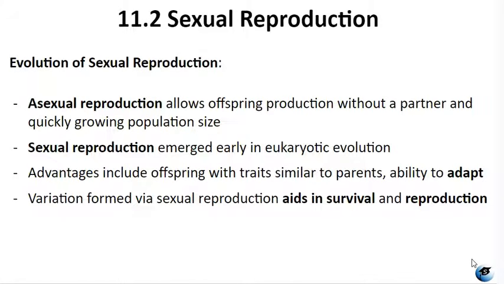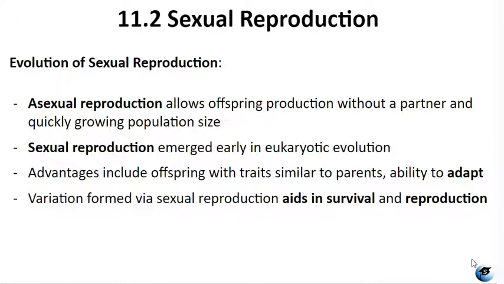Sexual reproduction emerged early in the evolution of eukaryotic cells, and it's prevalent among most eukaryotes. The advantages of sexual reproduction include offspring with traits similar to successful parents, but with the ability to adapt to changing environments.